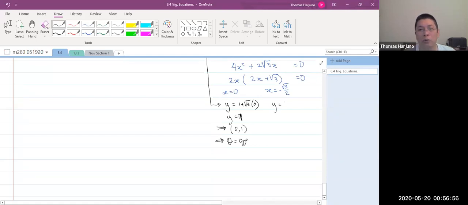Okay, now I go to this one. y equals 1 plus radical 3 times negative radical 3 over 2. y equals 1 minus 3/2. y equals negative 1/2. So the coordinate will be negative radical 3 over 2, negative 1/2. Now what's the angle?